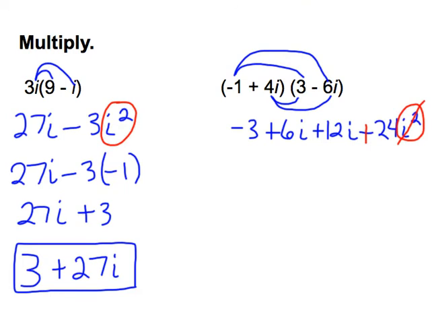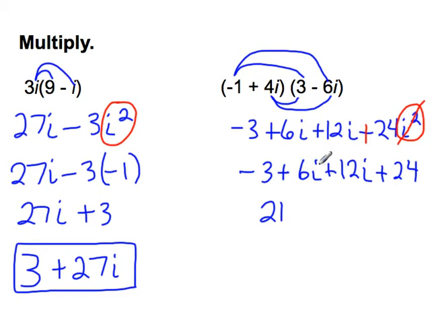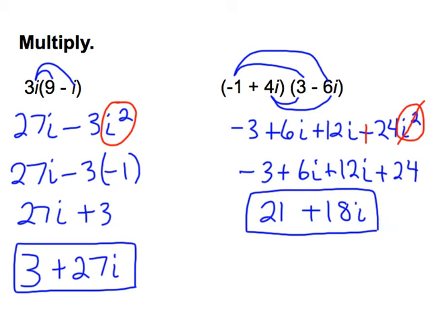To start with, I'm just going to rewrite this: -3 plus 6i plus 12i plus 24. Now to combine like terms, -3 plus 24, those are the real parts, that's 21. And then the imaginary parts, positive 6i plus 12i is plus 18i. So I have the real part plus the imaginary part. That is written as a complex number.